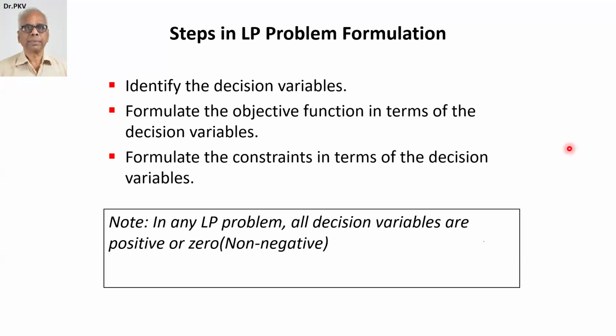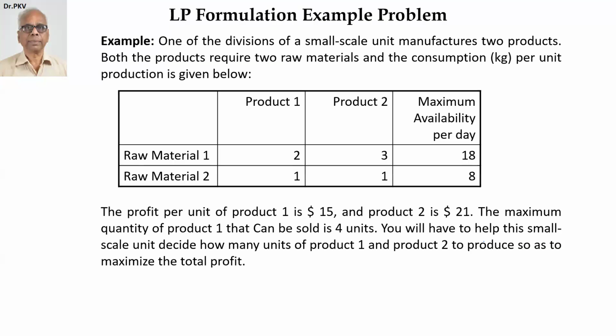Now, let us illustrate this with an example problem. A very simple example I'm taking in order to grasp the essence of linear programming. One of the divisions of a small-scale unit manufactures two products.